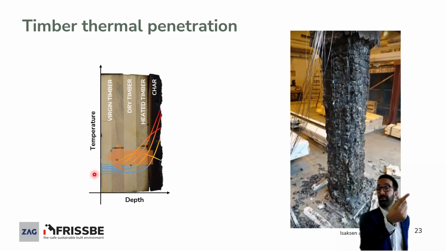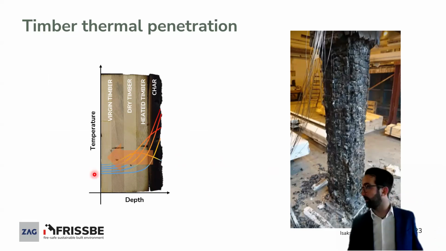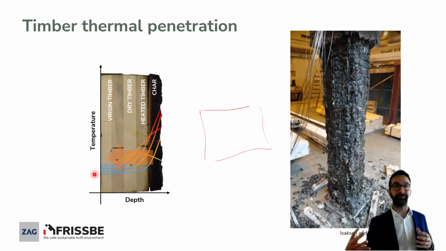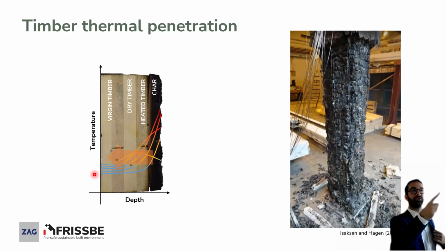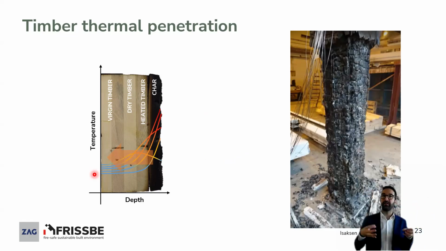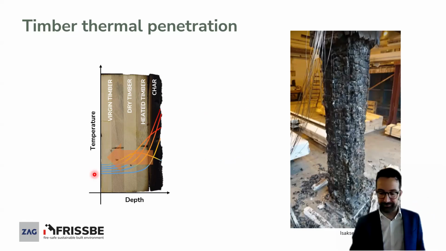But this problem is much more critical for a column, for example, because in a column you have heat flux coming from the surface, but at a certain point, depending on the size of the column, you may get a collection of heat in the core of the column, because heat doesn't have the chance to go anywhere else.